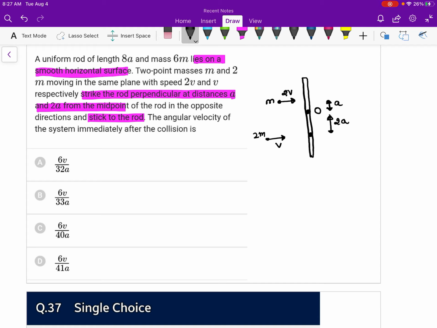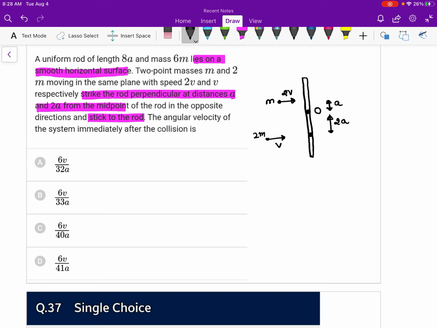So the angular momentum and linear momentum both remain conserved in this problem as the rod is free to move on a smooth horizontal surface. But guys, since the two particles stick to the rod, the location of the center of mass will change, and we need to apply angular momentum conservation about the combined center of mass because the rod is going to rotate about that point only. But that will involve a lot of calculation, and I think the examiner has not taken that point into consideration.